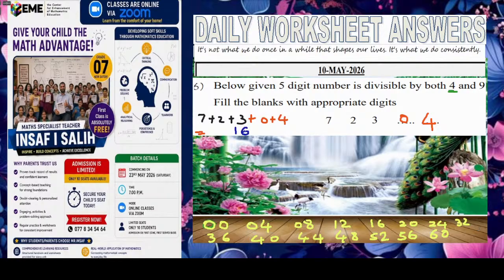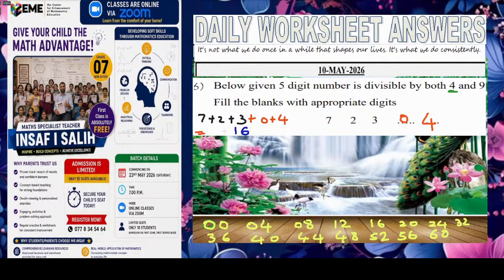Is 16 a multiple of 9? Does 16 come in the 9 times table? No, it does not, which means 72,304 is not divisible by 9.